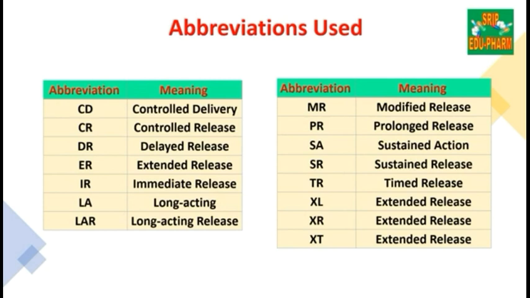The fifth one is ion exchange resins, with cation exchange and anion exchange. The sixth one is swelling controlled, for example hydrogel. The seventh one is osmotically controlled, and the last one is magnetically controlled. These are the various controlled release mechanisms.